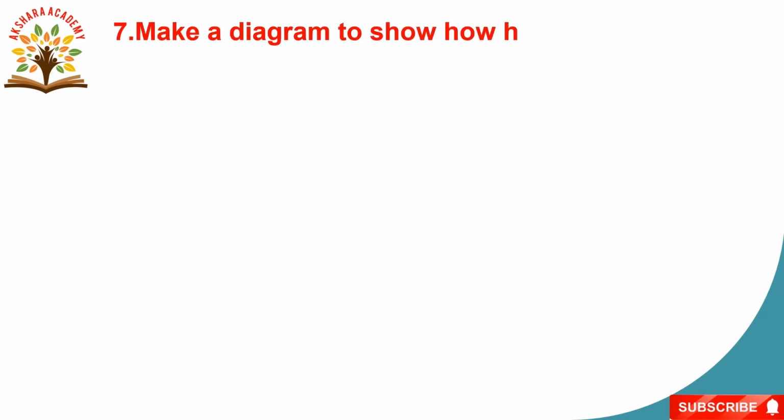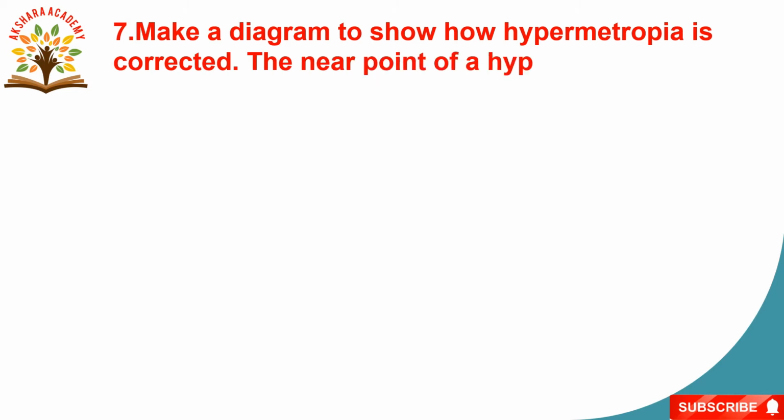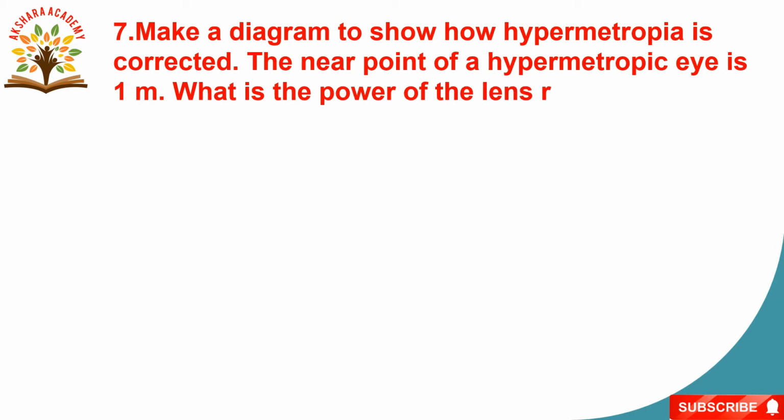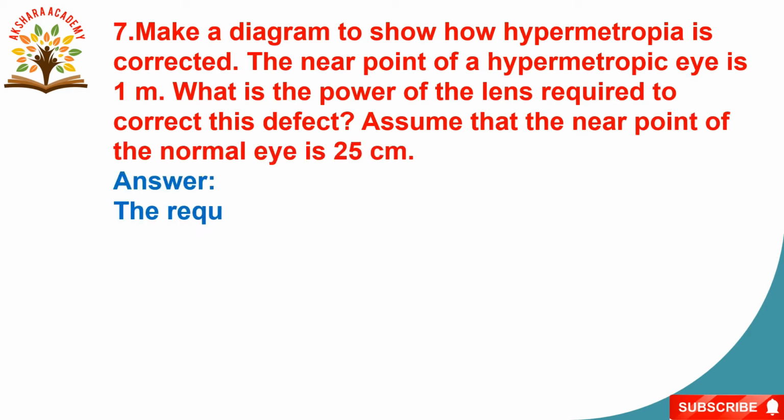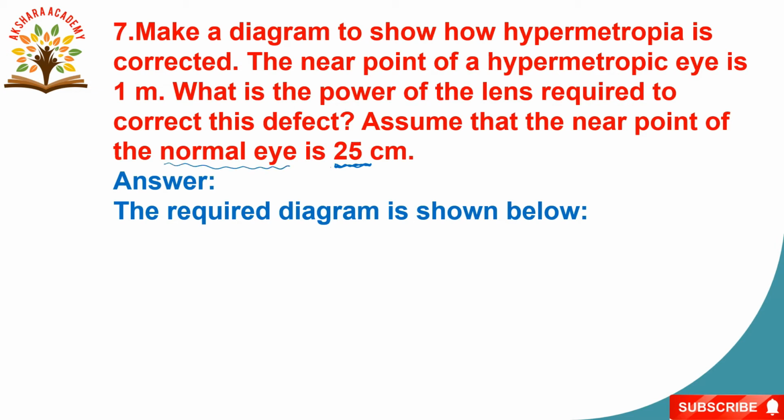Make a diagram to show how hypermetropia is corrected. The near point of a hypermetropic eye is 1 meter. What is the power of the lens required to correct this defect? Assume that the near point of a normal eye is 25 centimeters. Here they have given the normal least distance of distinct vision as 25 centimeters.